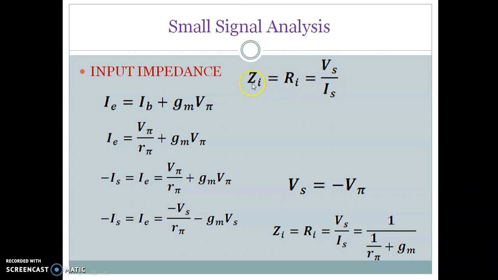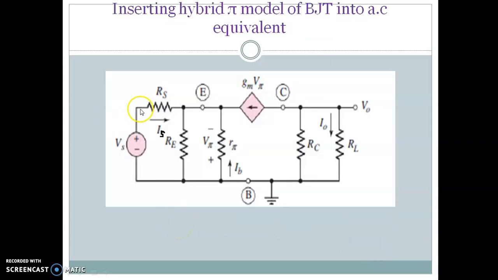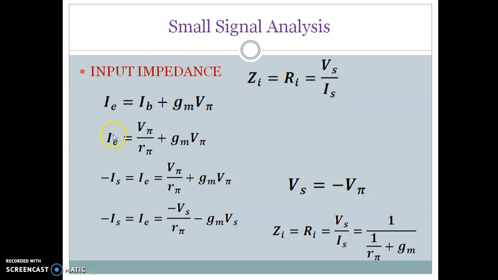Input impedance Zi is given as Vs by Is. From here you can see that your IE is IB plus GM V pi, which is V pi by R pi plus GM V pi.